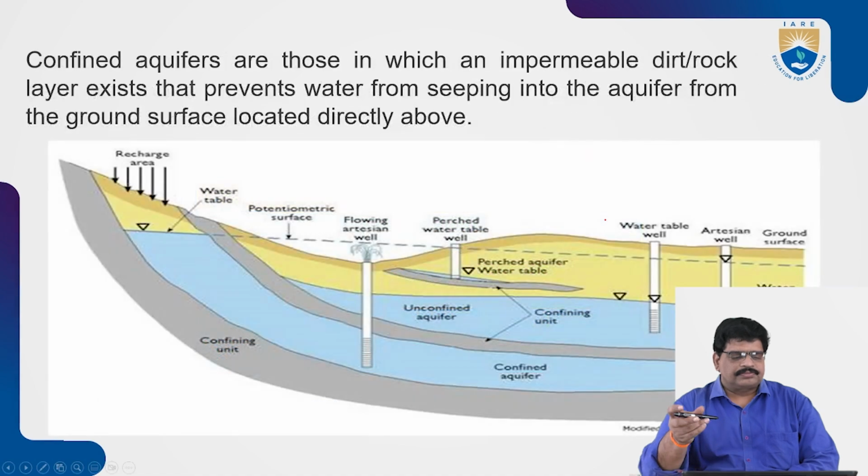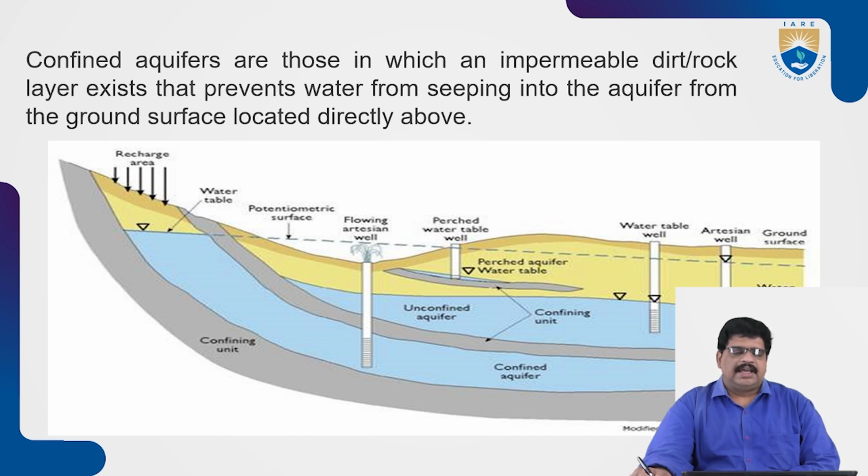In this diagram you can understand easily: confined aquifers are those where an impermeable layer of dirt or rock prevents water from seeping into the aquifer from the ground surface located directly above. These are called recharging.